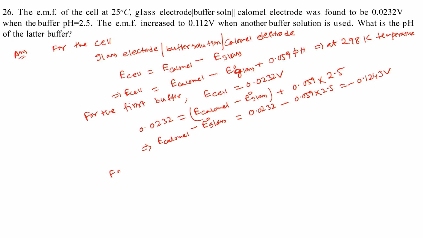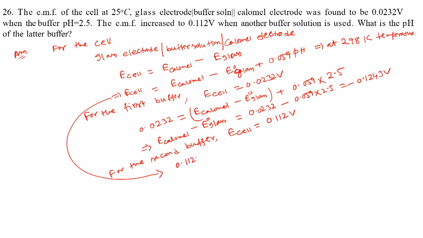Now, for the second buffer, E cell value is 0.112 volt. Okay. Now, we will again use this expression. So, we write 0.112 volt is E calomel minus E naught glass plus 0.059 pH. Now, E calomel minus E glass we already calculated is minus 0.1243. So, we substitute that here.